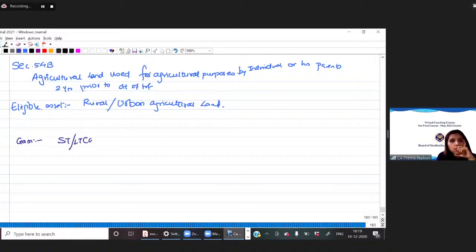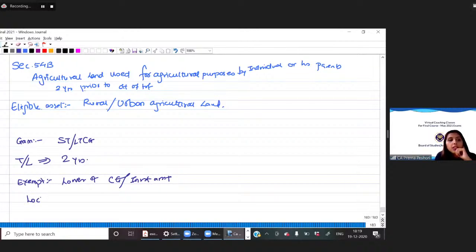Both are eligible. And what is the timeline for the investment? Within 2 years from the date of transfer. And the exempt amount will be the same, lower of capital gain or investment amount.